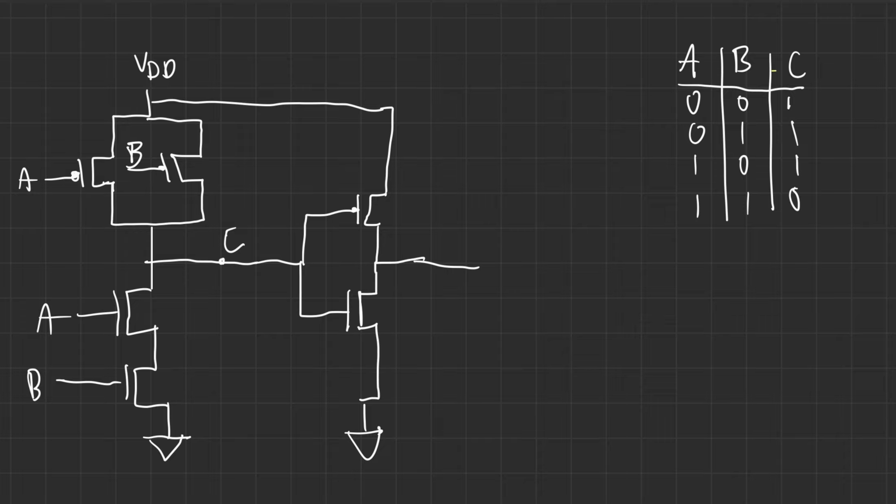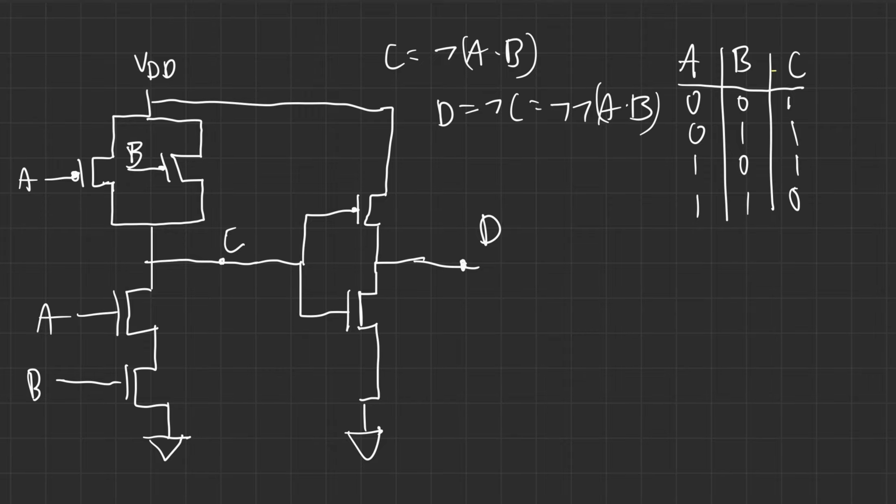I didn't do this right, but you get the idea. So we can say that C is NOT A and B, and D is NOT C. It's NOT (NOT A and B), which is A and B.